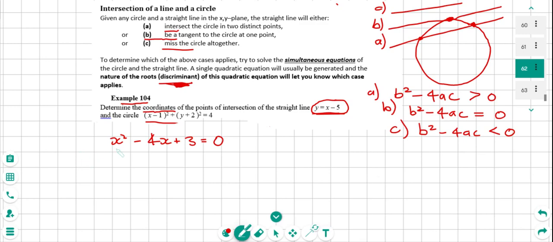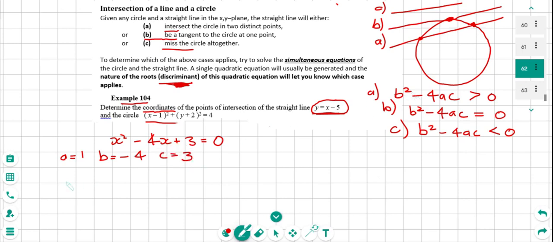So we know in this case, a is the value in front of the x squared, so a is equal to 1. We've got b is equal to the coefficient in front of the x, which is -4. And we've got that c is the 3. So c is equal to 3.